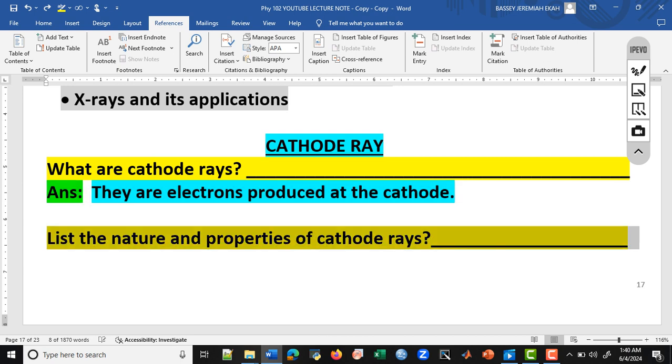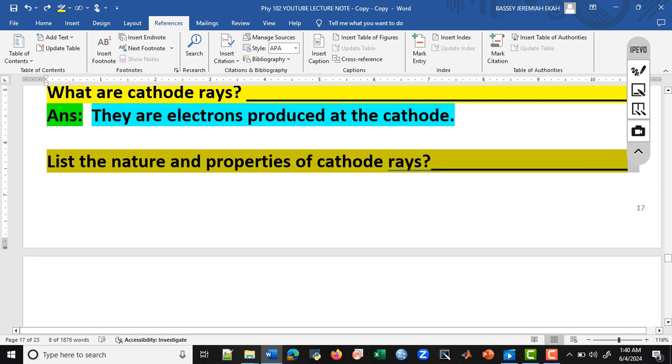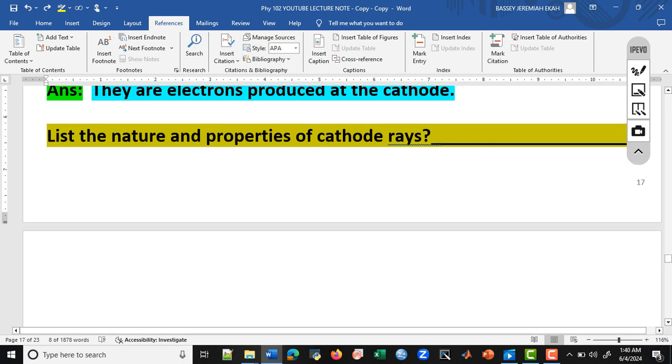List the nature and properties of cathode rays. So even without cramming or reading from the demonstration on that video, we should be able to list the nature and properties of cathode rays.